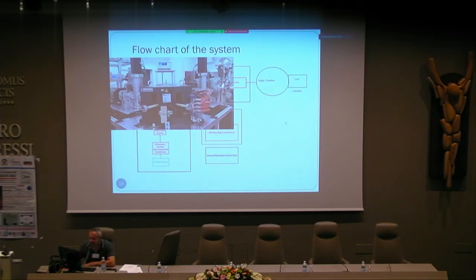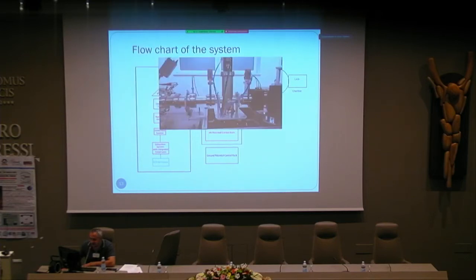Then we have a second Faraday cup where we can measure the actual beam that we've chosen by changing the magnet settings. Then we have the lens that focuses the beam on our target.